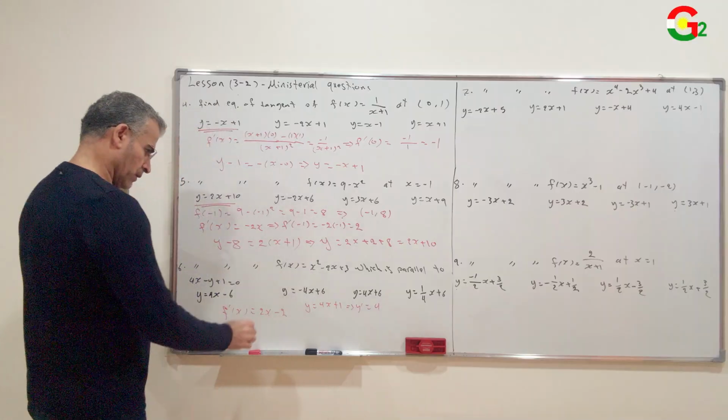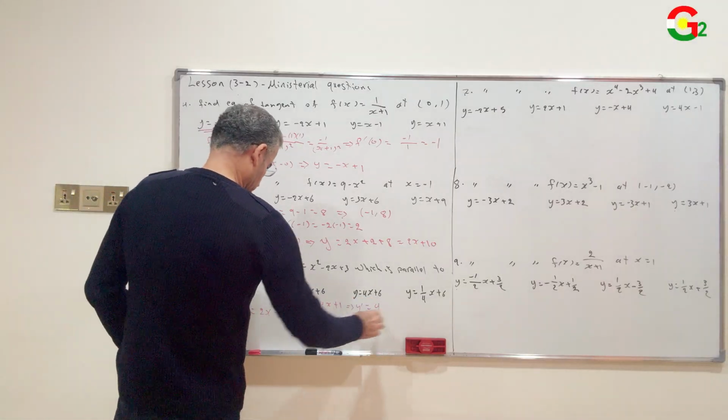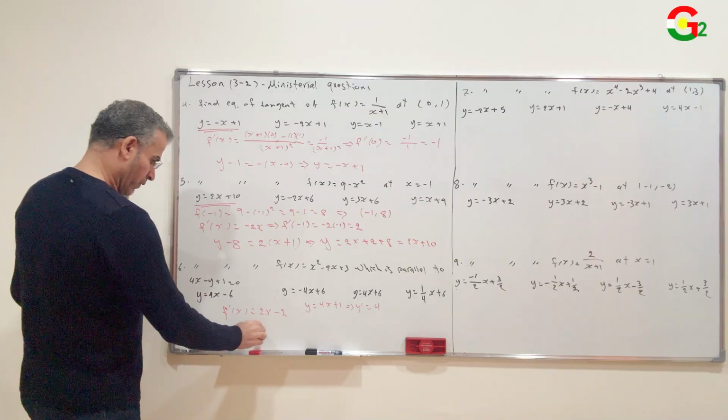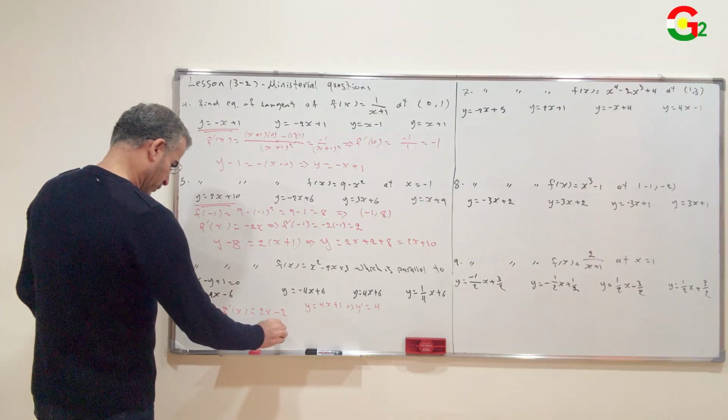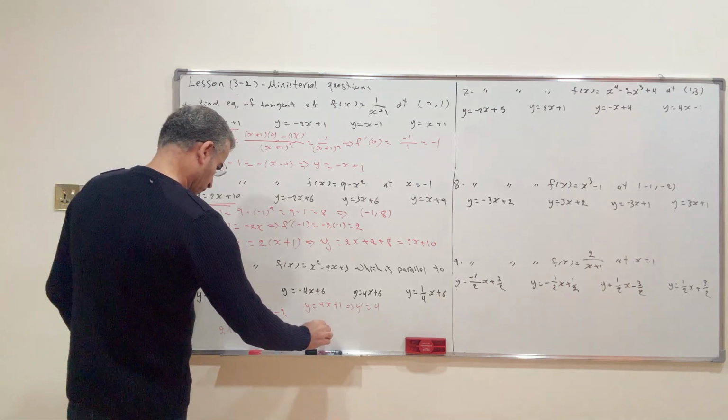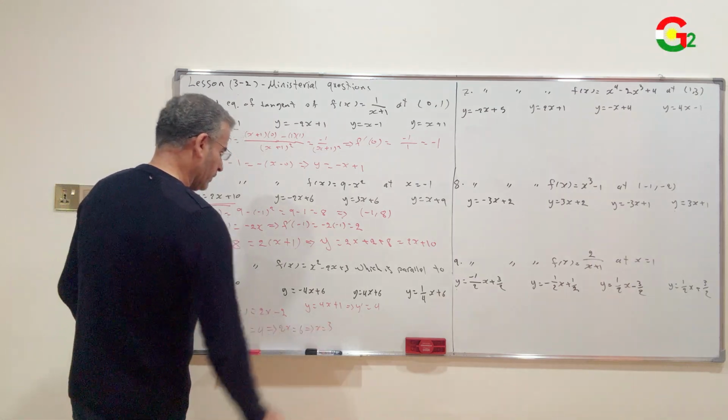The slope is 4. Now set 2x minus 2 equal to 4. Then 2x equals 6. Then x equals 6 over 2, which is 3.